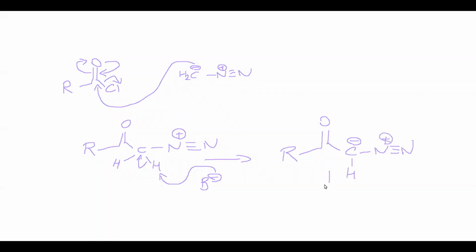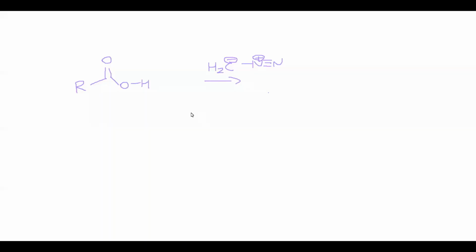All we need to do is supply some heat or some UV light to get rid of that nitrogen as the leaving group. And we're left with the lone pair on the carbon, and we're left with our carbene.